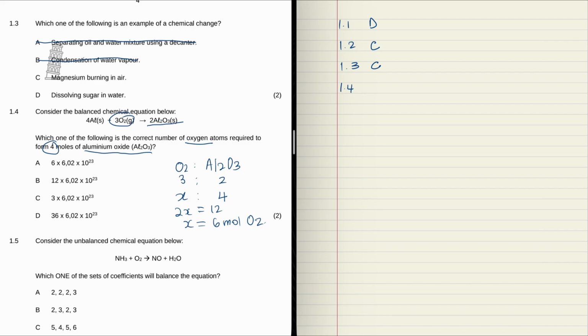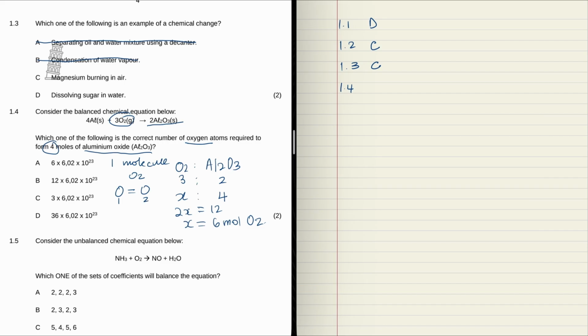Now we need to look at the number of oxygen atoms. Now we must remember that in one molecule of O2, remember this is an oxygen molecule, we have 2 atoms.